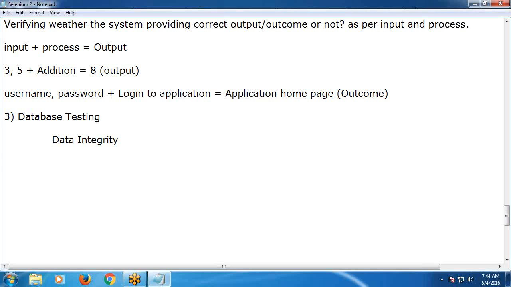I entered 5 records, each record having 3 fields, 5 into 3, 15 values stored. Completeness. But what about correctness? Suppose maths mark stored in the physics cell, physics mark stored in the chemistry cell, chemistry mark stored in the maths cell. All records stored but not in correct places.